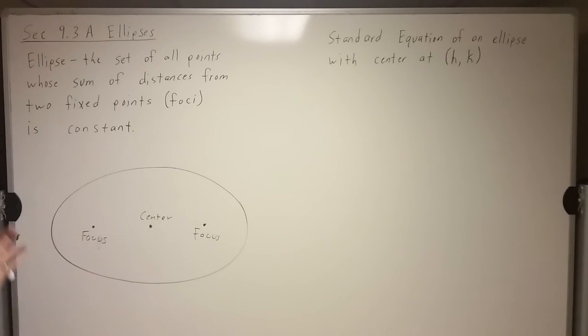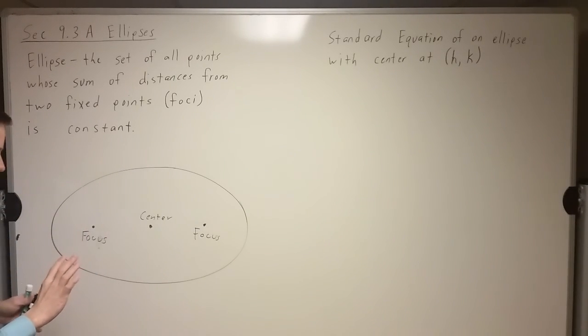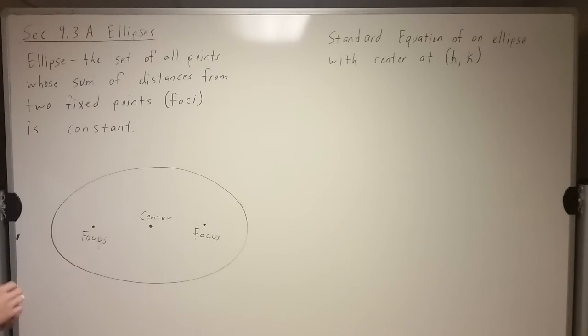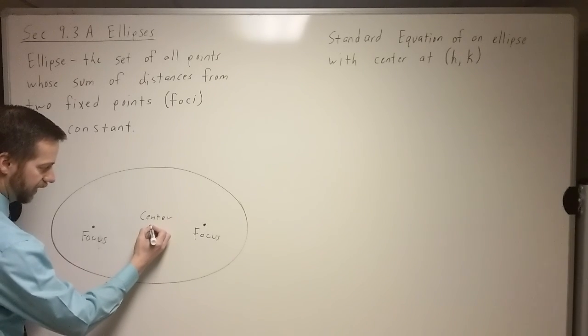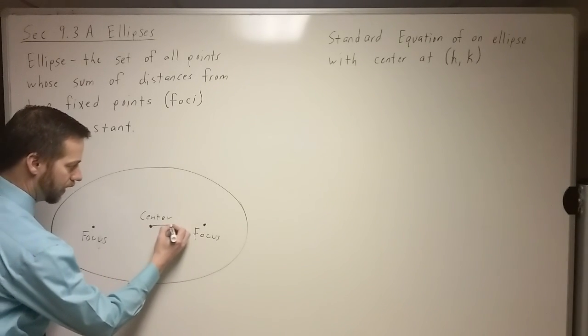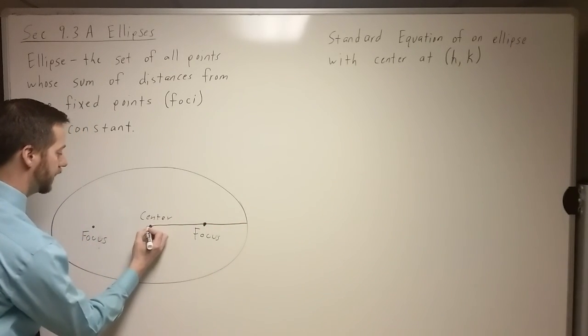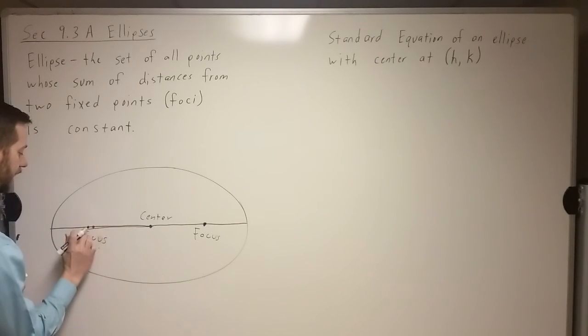Now there's a lot of terminology that's going to happen on this picture of an ellipse right here. There's quite a few things we need to figure out. So I'm going to put in some different lines and segments into this picture. Now, the very first thing that we need to put in is our axes. Every ellipse has two axes. We're going to have the longer one and the shorter one, basically.